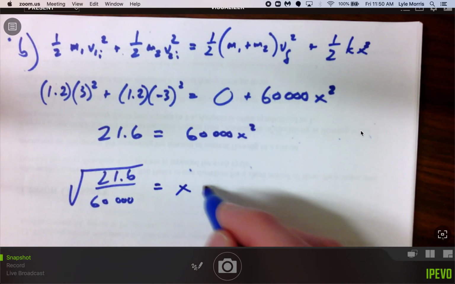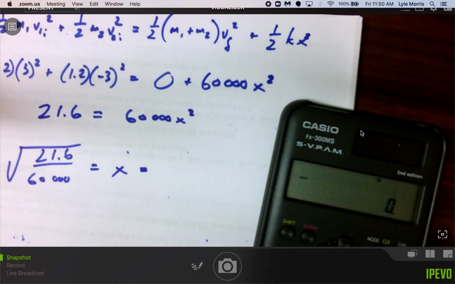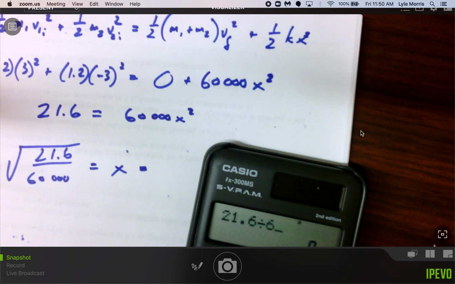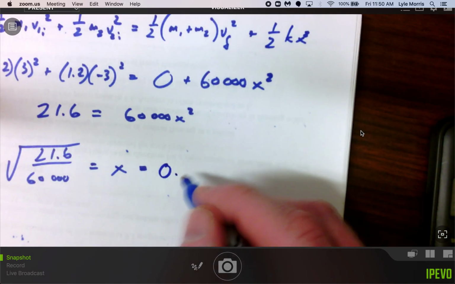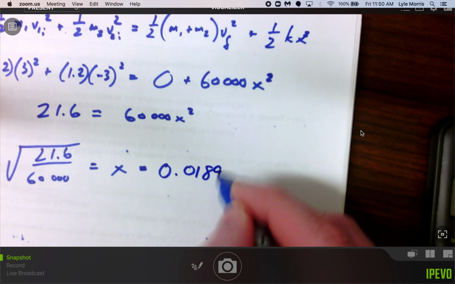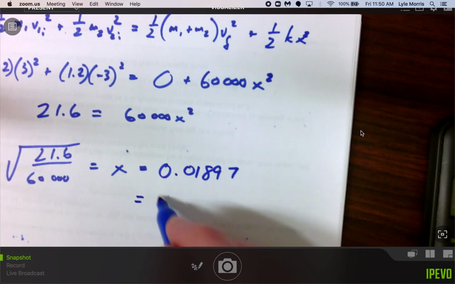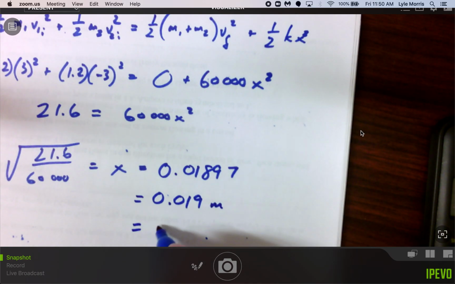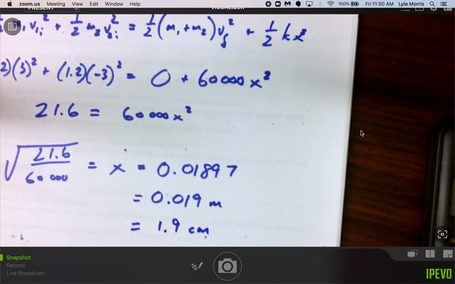That equals x. 21.6 divided by 60,000 equals that. I'm going to take the root of that. My answer, 0.01897, which equals 0.019 meters, which equals 1.9 centimeters.